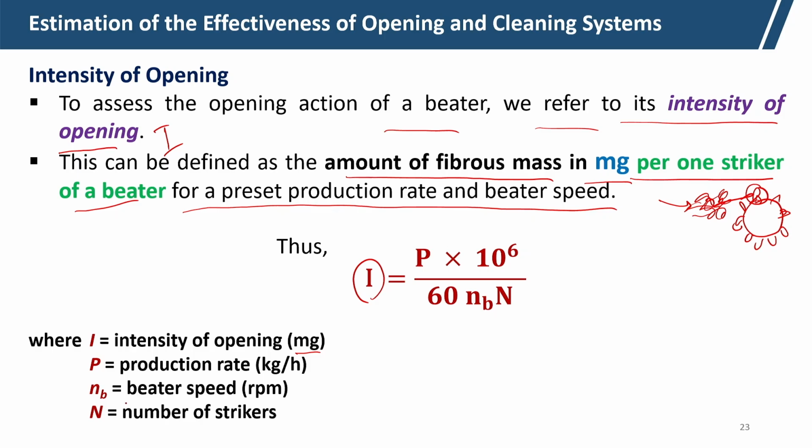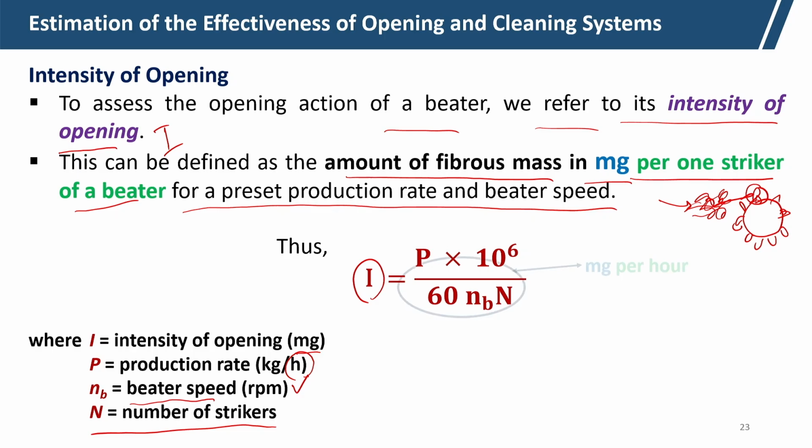The beater speed is NB, and N is the number of strikes. So, per hour, how many strikes are you giving.